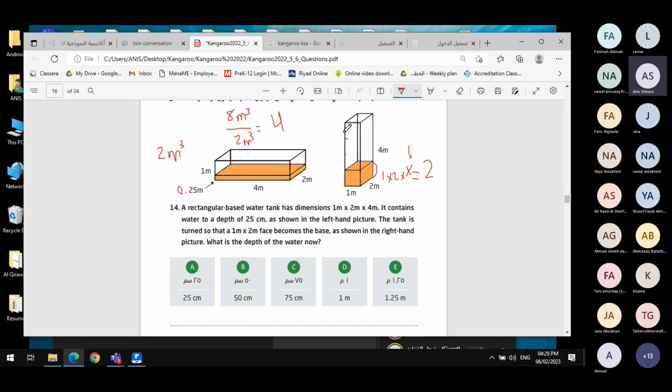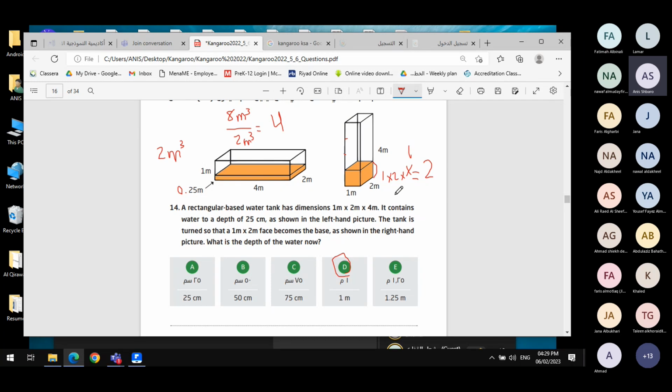So when we flip that shape, we can directly say we have 1 over 4 of this. 1 over 4 of the 4 is 1. So simply you're going to choose the D. It doesn't matter which rule in mathematics you use, you're going to reach the same answer in all cases.